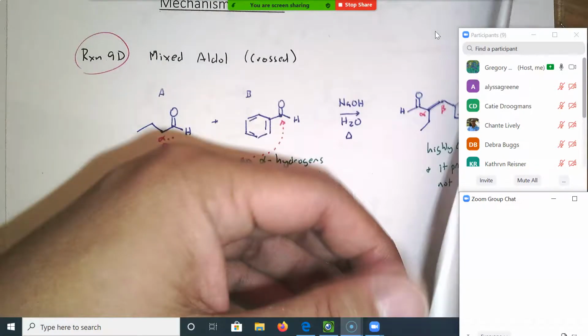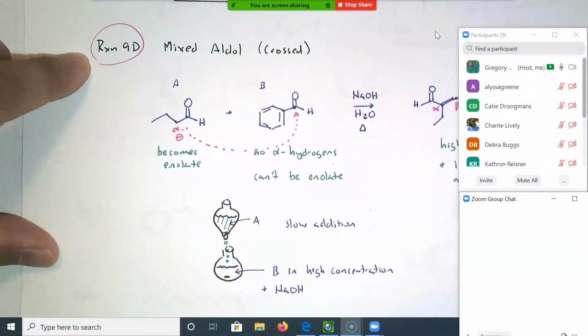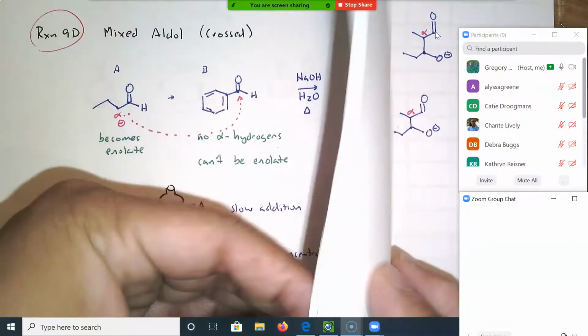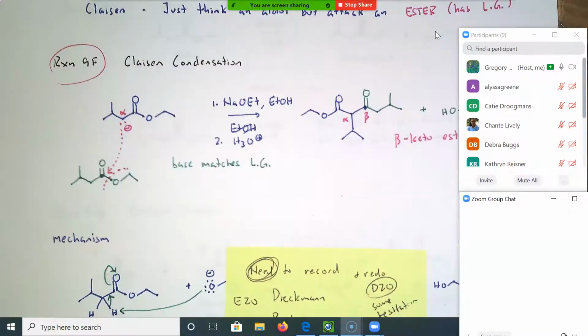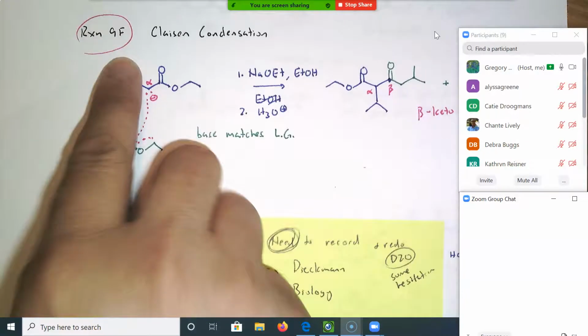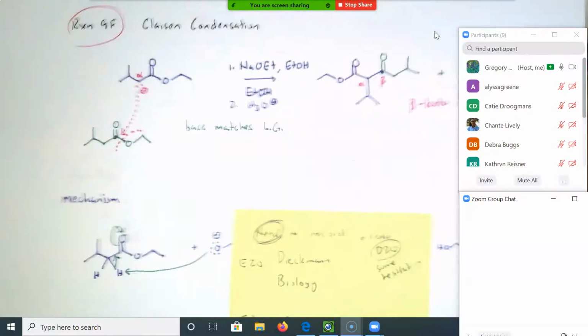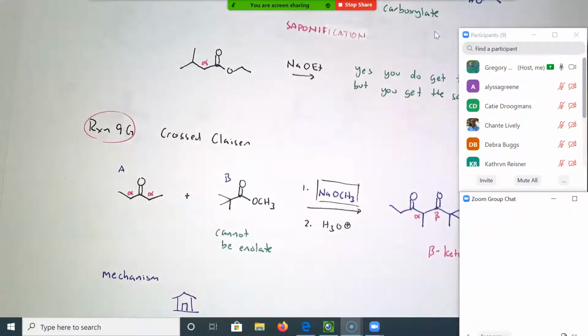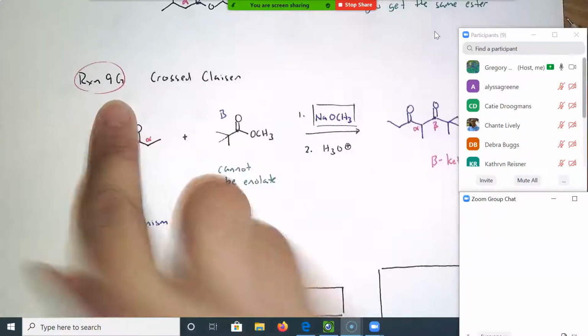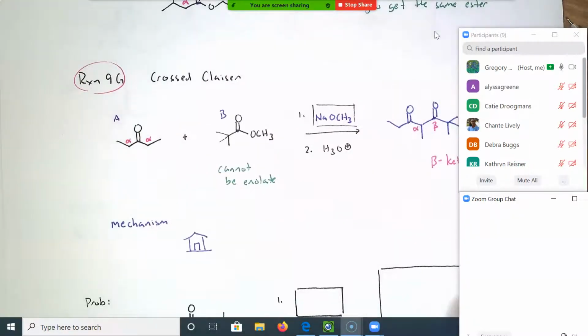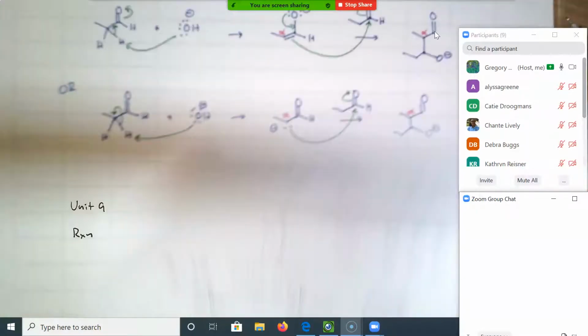Okay, so the last, it was this one, right? So we had a Claisen at 9F. We had a cross Claisen at 9G. We'll go over some Claisens a little bit later. So we're up to H, 9H.